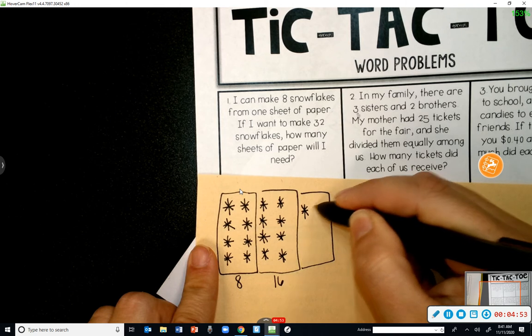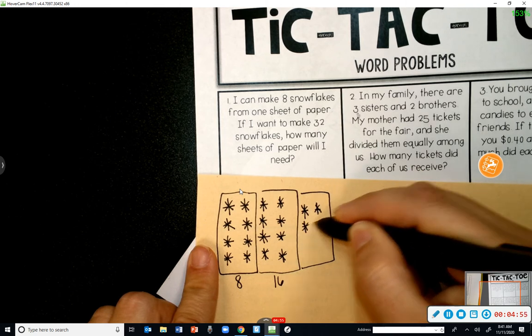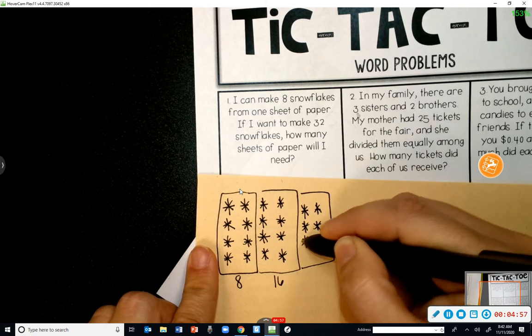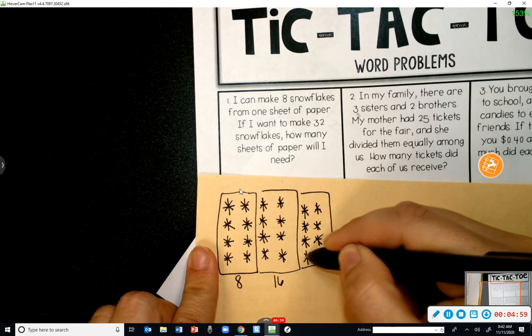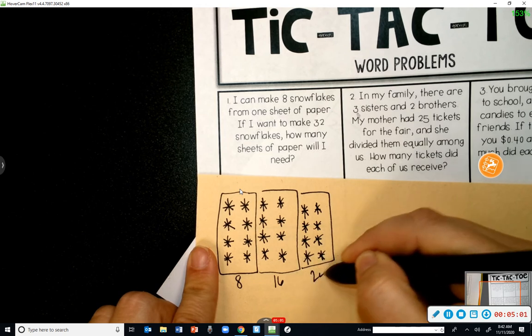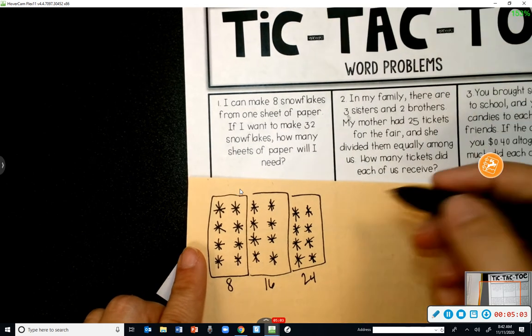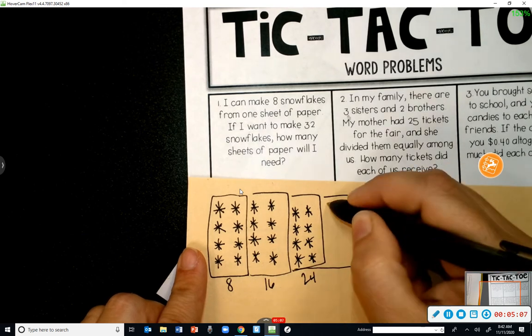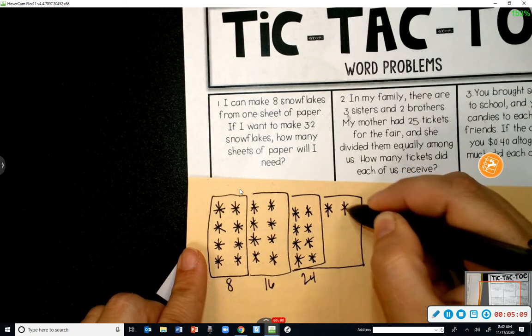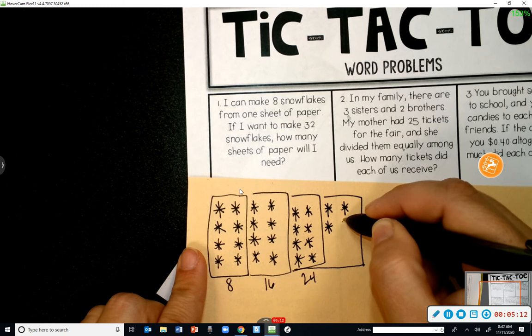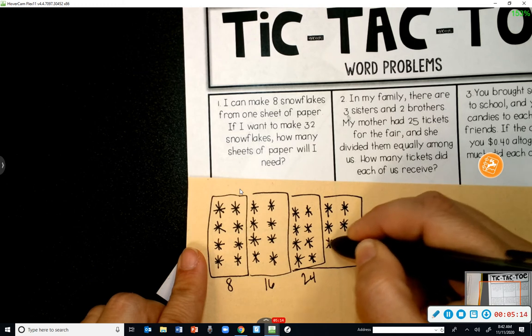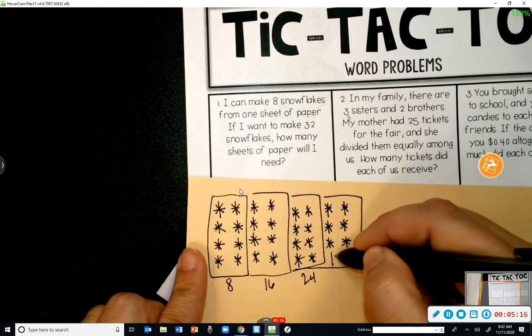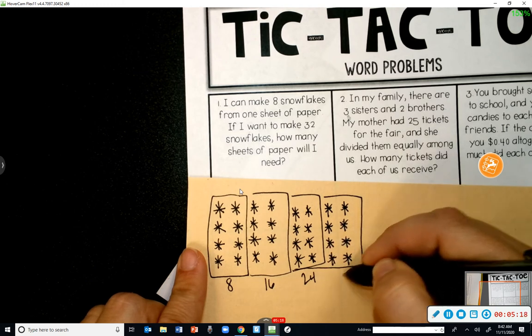There's 17, 18, 19, 20, 21, 22, 23, 24. Okay, so I'm still not to 32, so I need to keep going. So that's 25, 26, 27, 28, 29, 30, 31, 32.